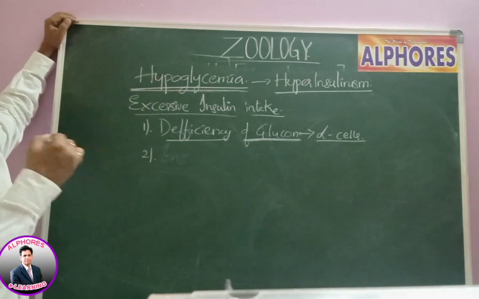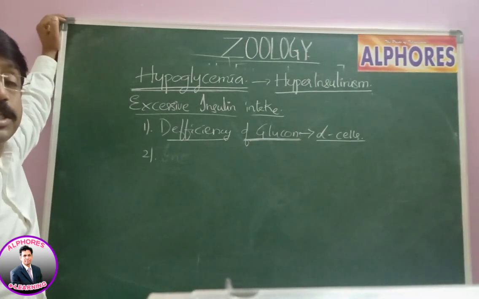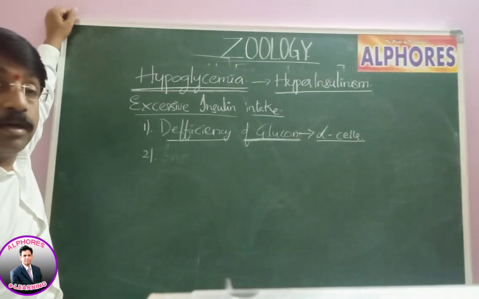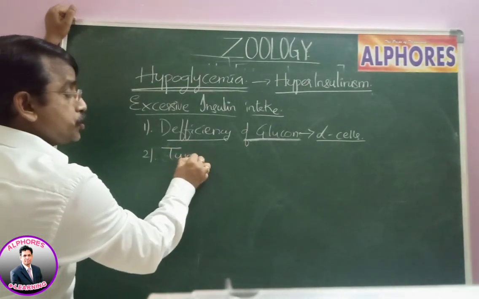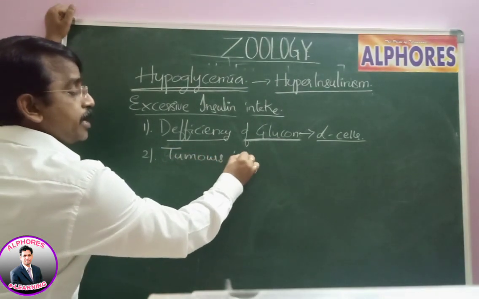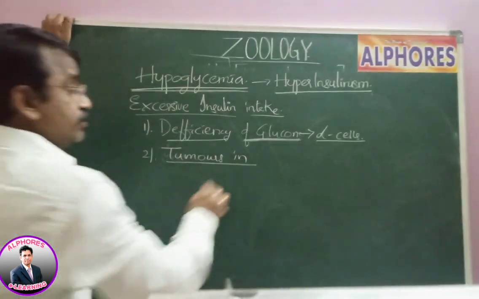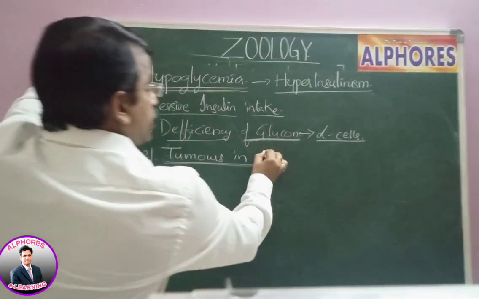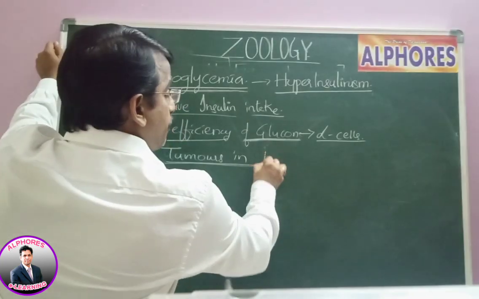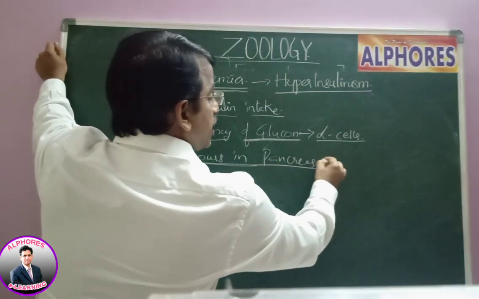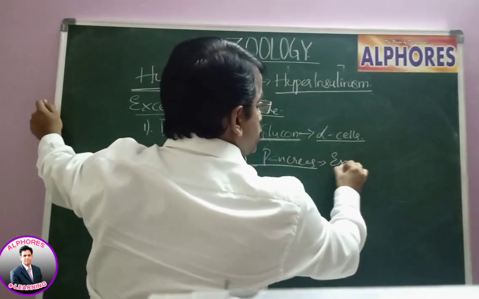Insulin is excessively secreted, which means there are tumors in the beta cells of the pancreas.